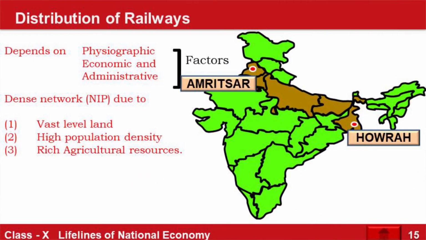Next we have railways. All of us must have traveled in railways. What do you like? Running speed, and you see that trees are going behind and buildings are going behind and you are moving forward.